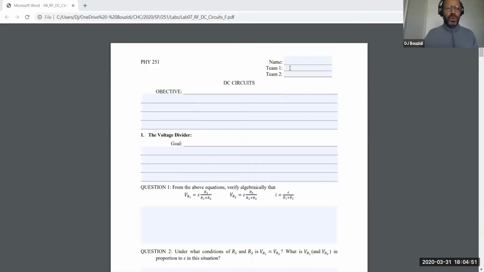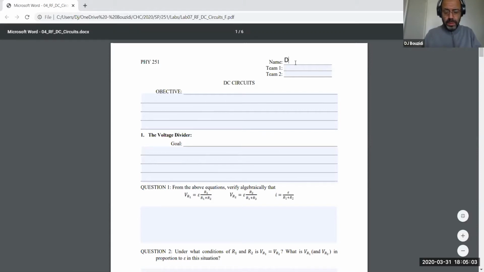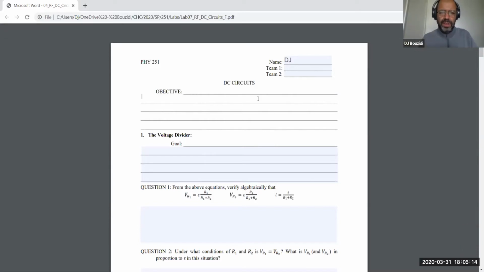Okay, so now I have it with Chrome, and Chrome is not smart enough to tell me that this is a file it doesn't support. It thinks it does. So I'm going to put my name in here because it looks like I'm filling it, and you can fill it, okay? One of the things I can see very well, and it's actually shaded in here, a faint shade, is that the fillable fields are shaded.